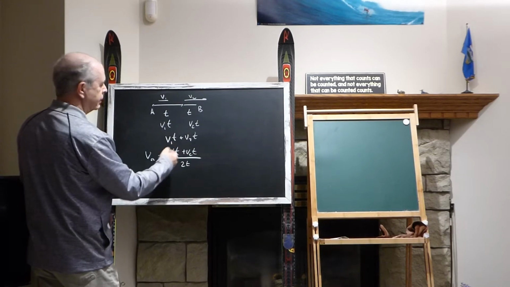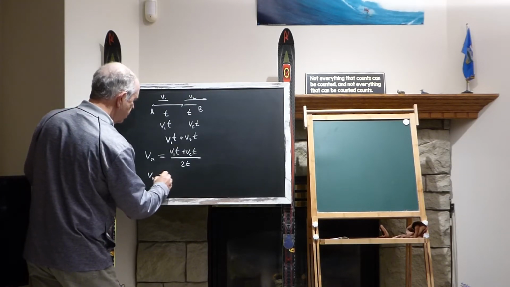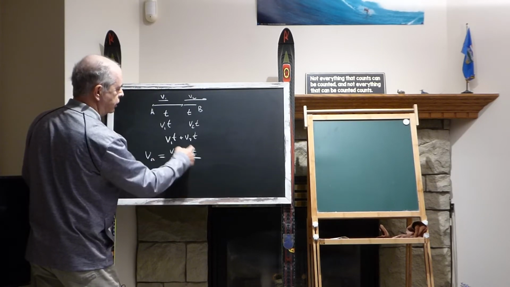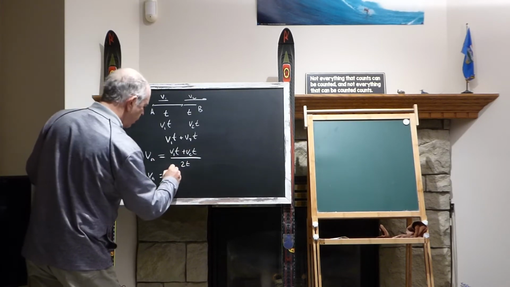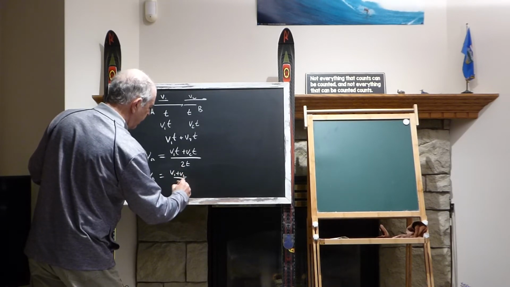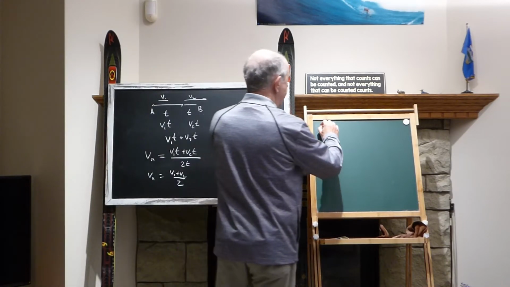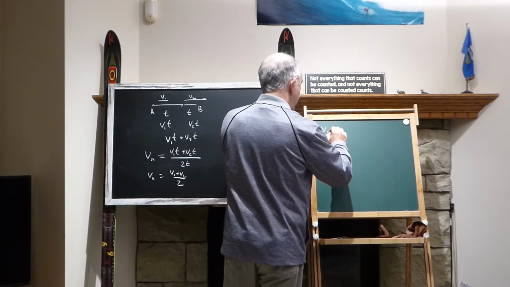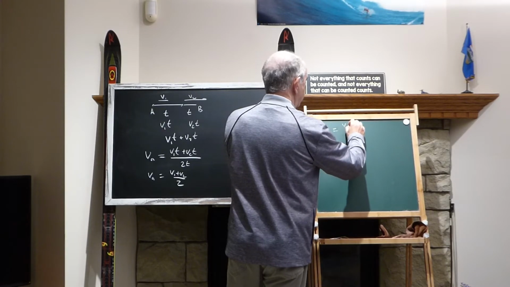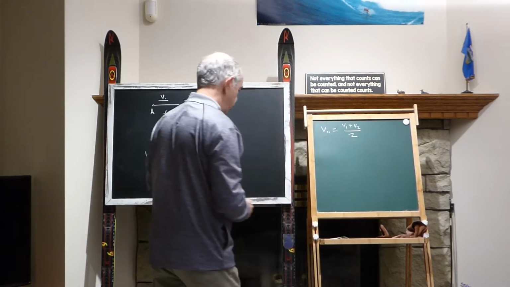We can factor t out, and we immediately receive that v average, after we factor it out, t will be gone, and we will have v1 plus v2 divided into 2. So for the first scenario, yes indeed, v average equals v1 plus v2 divided into 2.